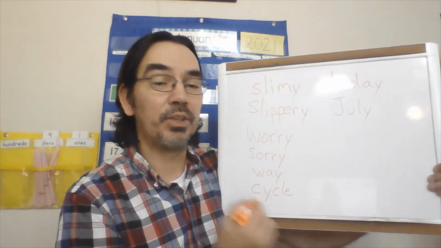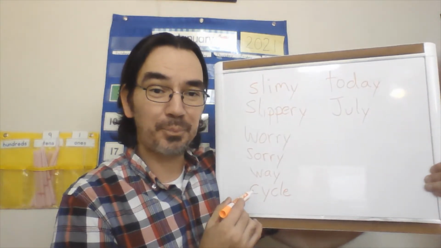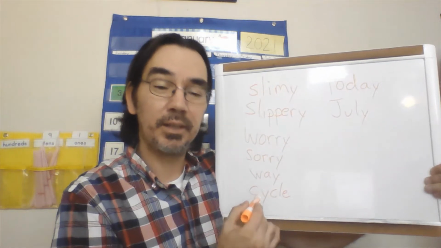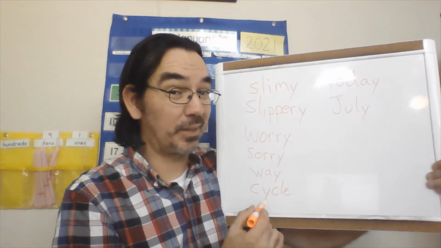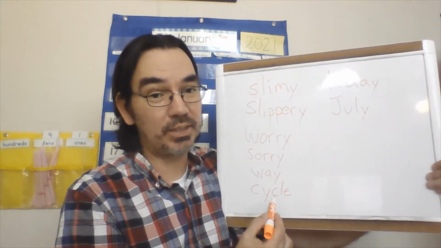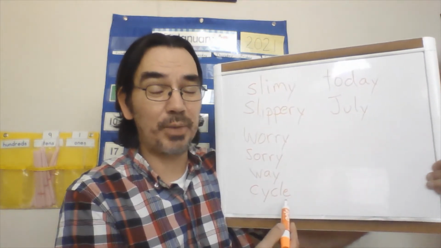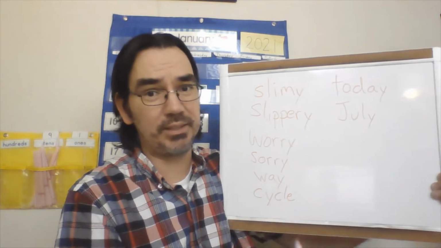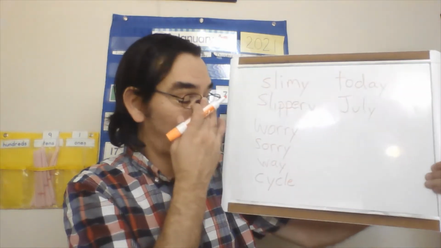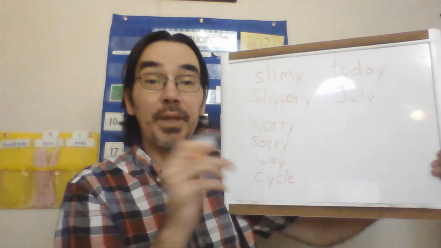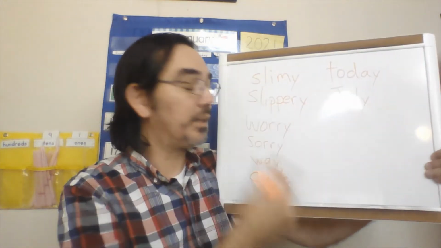I, cool. Look at that. There's our soft C we were practicing, right? Soft C, our Y that sounds like an I, and then our regular sounding C. Cycle. And then look at a silent bossy E. There's all kinds of stuff going on with that cycle word, isn't there? Boy, oh boy. All right. Thank you, Eva. So we have Dylan and Eva.